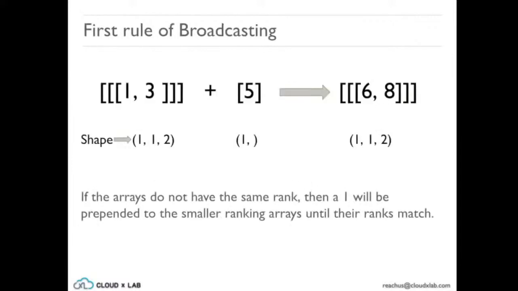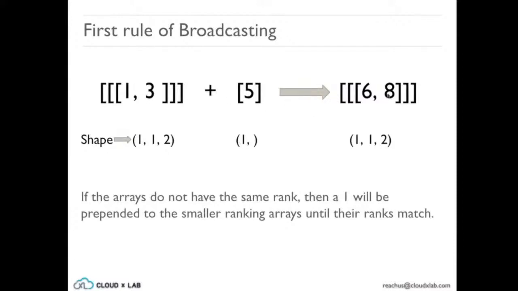As I mentioned, there are two rules of broadcasting. If I do something like this, the shape here is 1 comma 2, and here the shape is 5, like a single scalar that's getting added. What happens is that this number gets added to all of it. Essentially, 1s will be prepended to the smaller rank until the ranks match, so you just add it everywhere effectively.